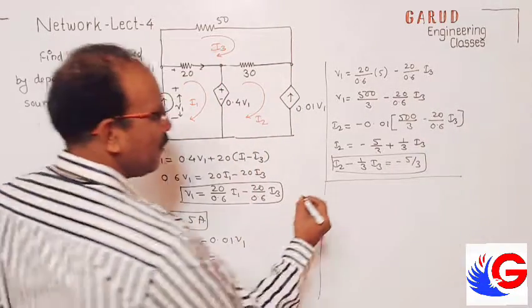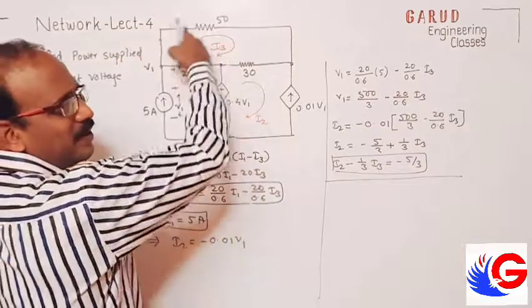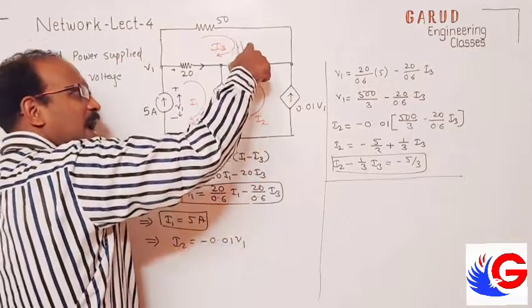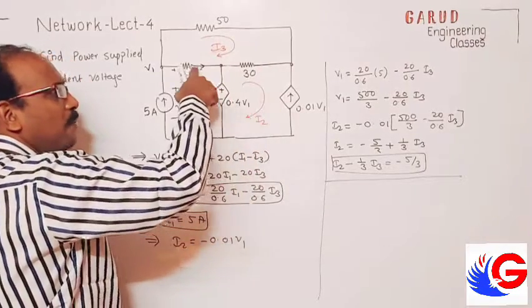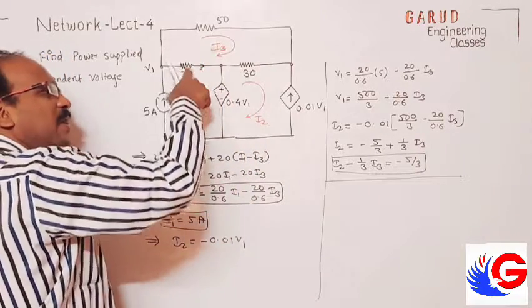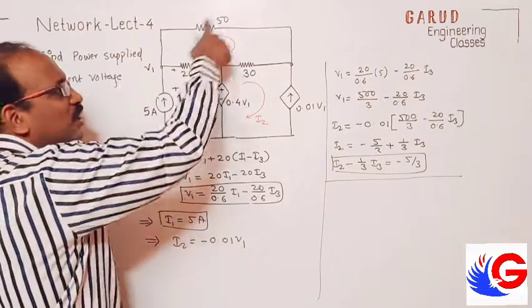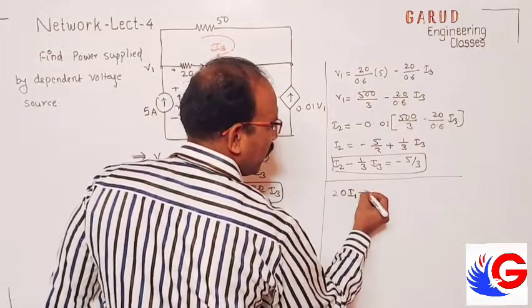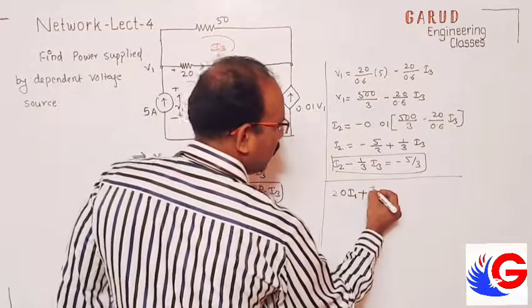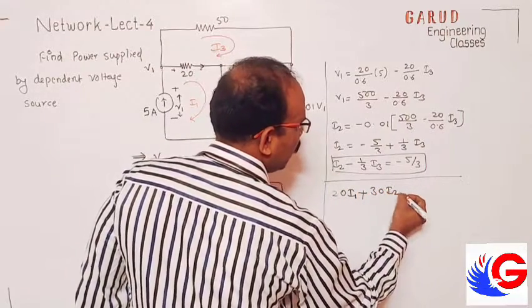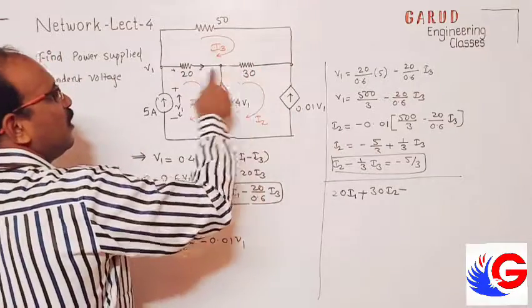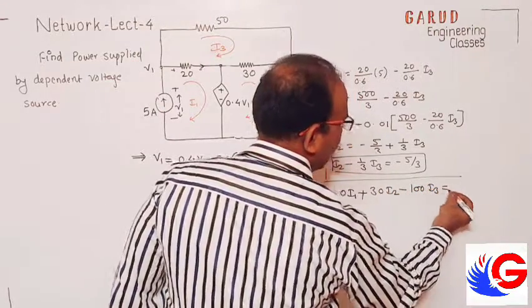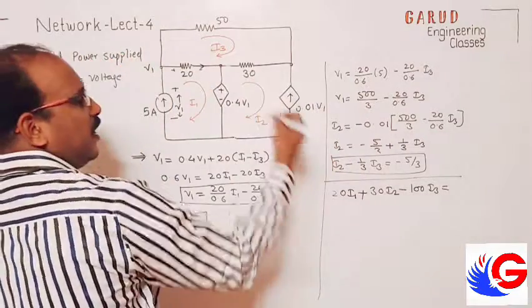Minus 50 I3 minus 30 I3 minus I2 minus 20 I3 minus I1. With the shortcut method also we write 20 I1 plus 30 I2 minus 100 I3 equals 0.